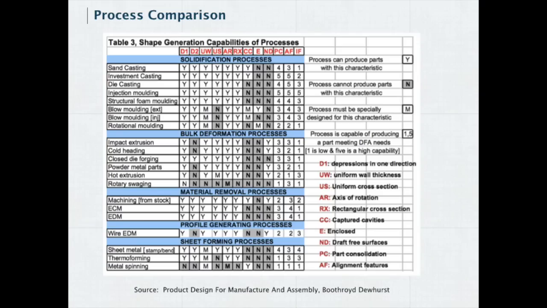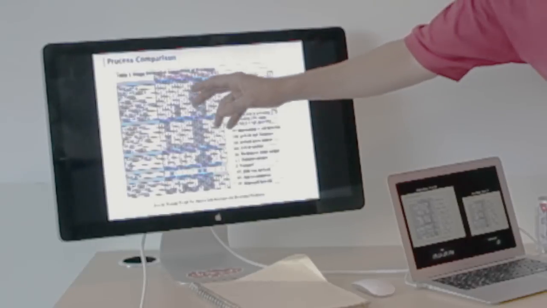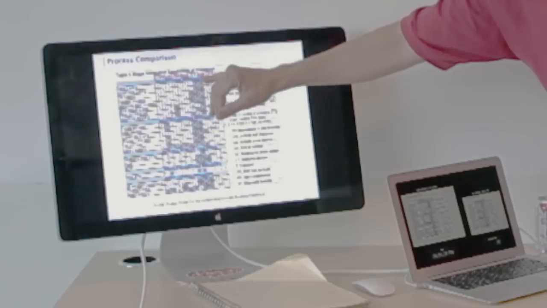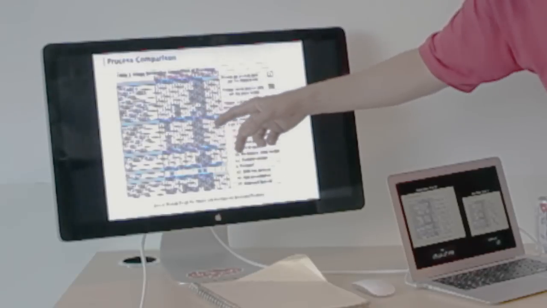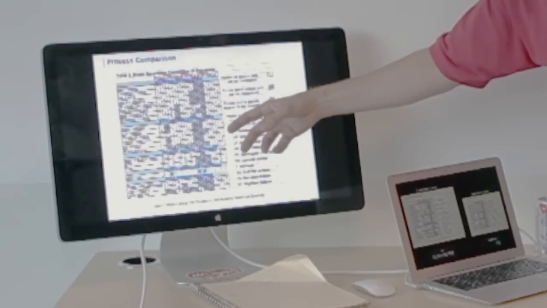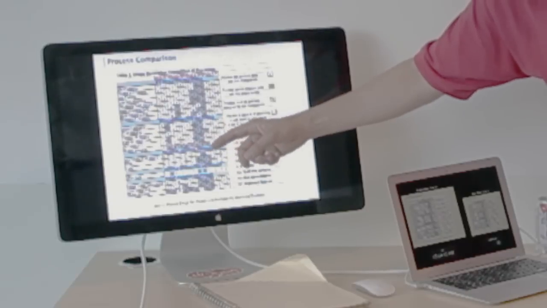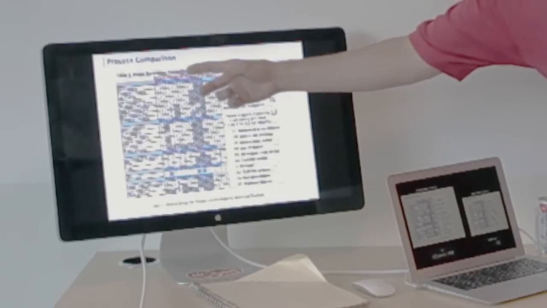And then just a few material requirements. So we fill out those parts, and then we've got this awesome chart, which basically for the different manufacturing techniques, from solidification processes, which would be sand casting, injection molding, to bulk deformation, which is forging, extruding, to material removal, which is machining, profile, which is like electro discharge machining, and then to sheet metal forming processes.